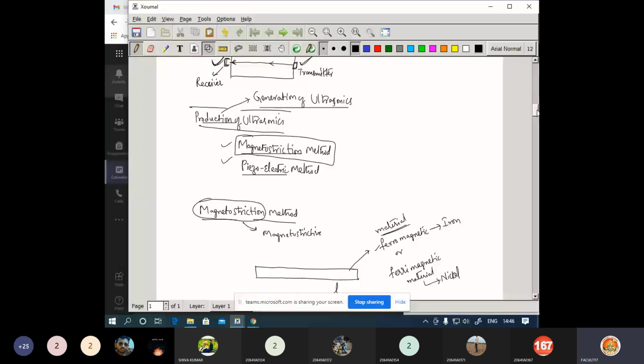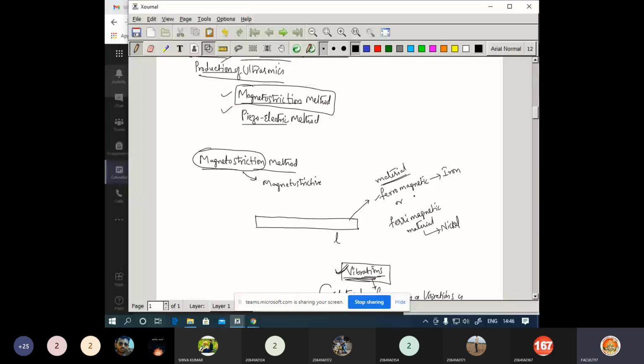If you place a ferromagnetic or ferrimagnetic material which is already magnetized under alternating magnetic fields, there will be a change in the length. So if it is already magnetized and you place it in alternating magnetic fields, it will experience either an increase or a decrease in length.